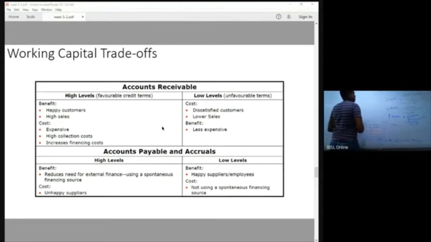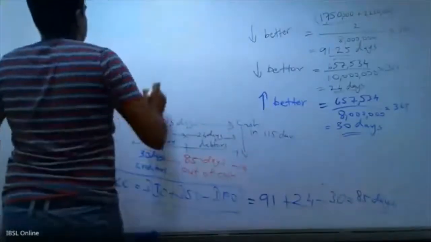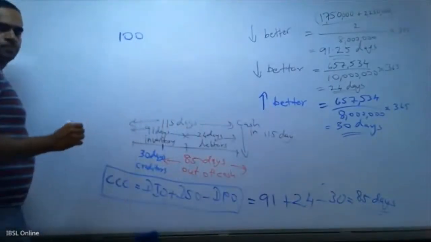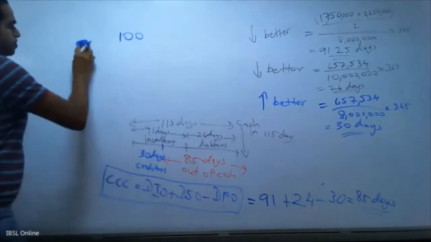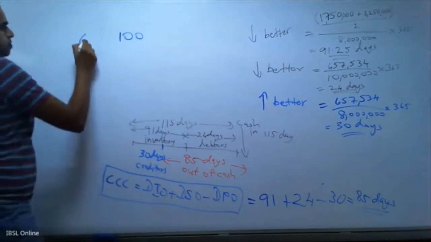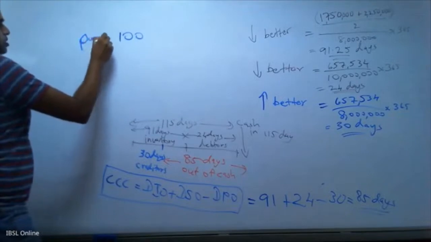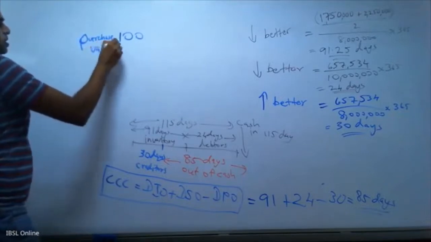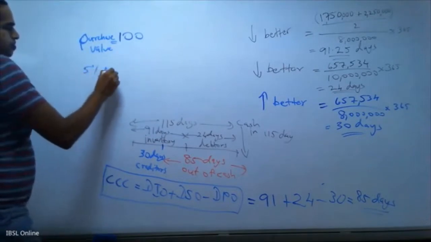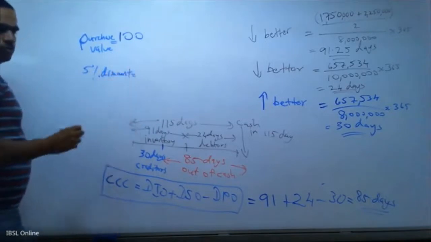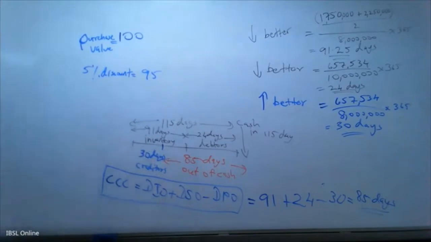So let's say you have to pay for purchased goods worth $100. The purchase value is 100. So if you get a 5% discount, you have to pay only 95, but you have to pay immediately.